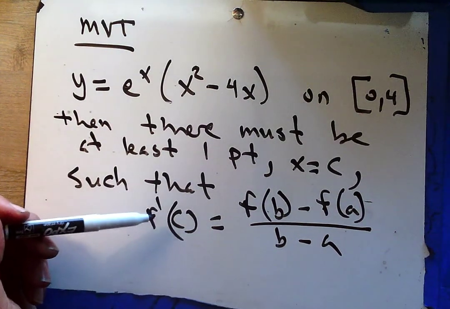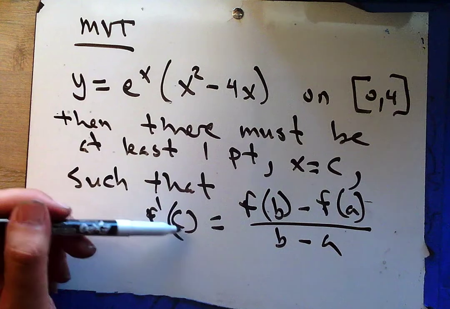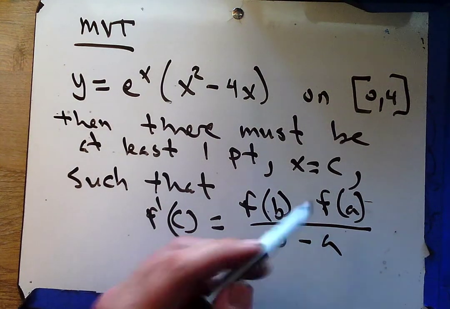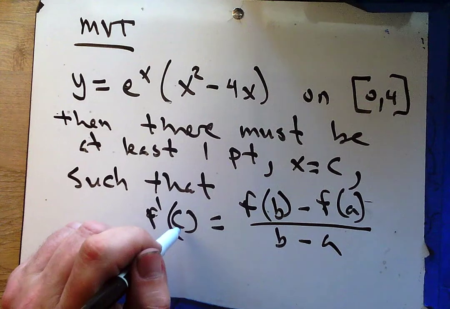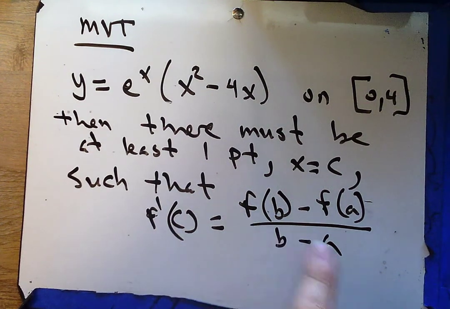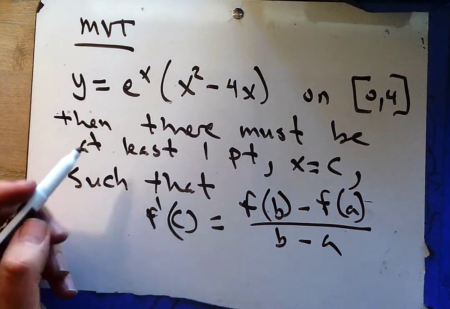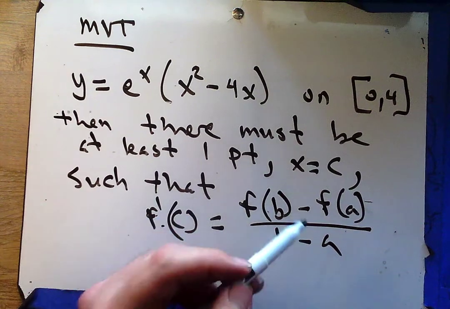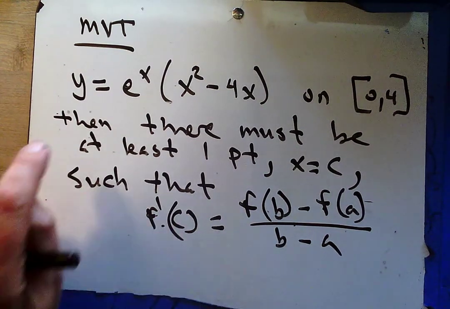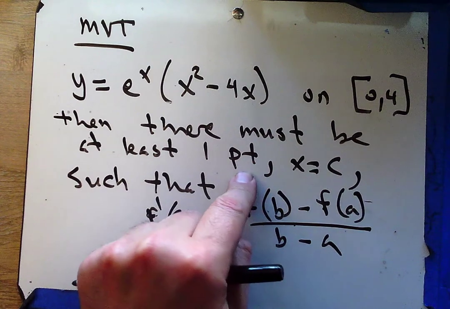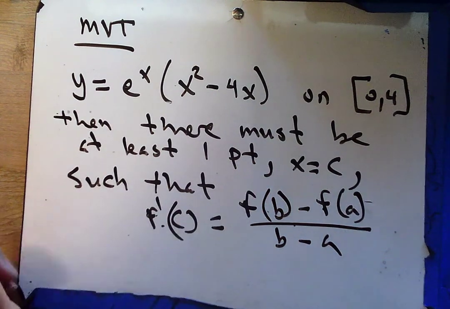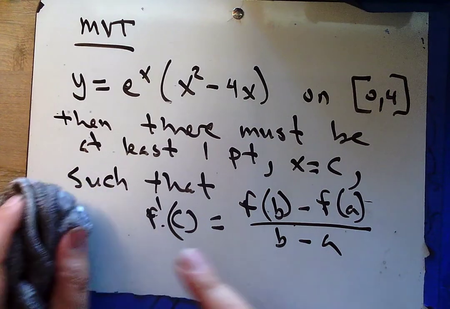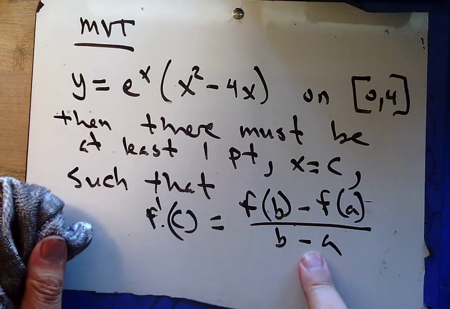When we talked about this in the earlier video, we said that this is the instantaneous rate of change and this was the average rate of change. This is the slope at x equals c. This is the slope of the secant connecting x equals a and x equals b on the f of x graph. So we're wondering when the instantaneous rate of change equals the average rate of change. And MVT says it's going to happen at least once for any function that meets these two prerequisites.